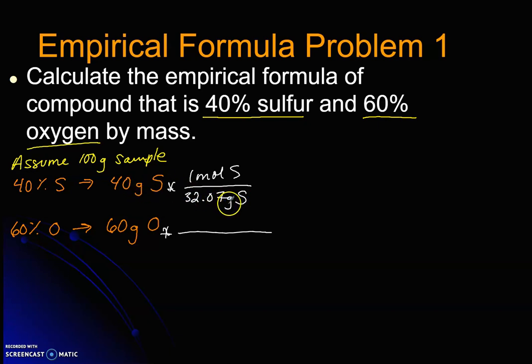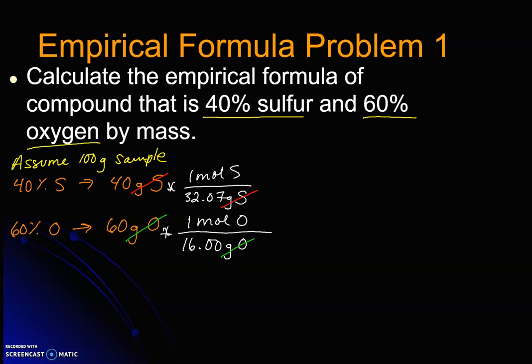And I put grams on the bottom because I want to get rid of grams and get into moles. So I get grams and grams to cancel out. And then oxygen, I know 1 mole of oxygen weighs 16 grams. And I am going to use green to cancel those out.